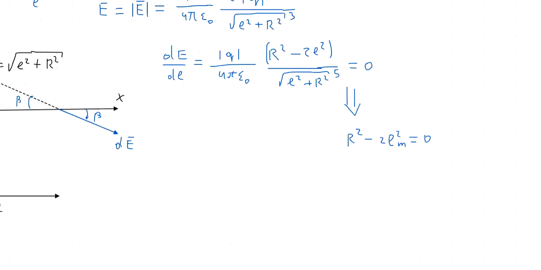Okay, and from here we will have that Lm is equal to plus or minus R divided by square root of 2. But L is a distance, and distance cannot be negative, so we have to remove minus and leave only plus.